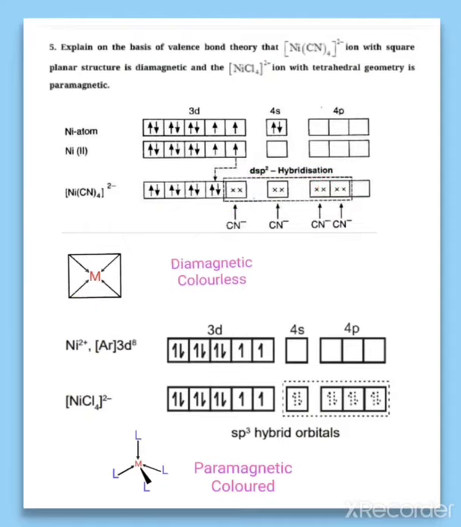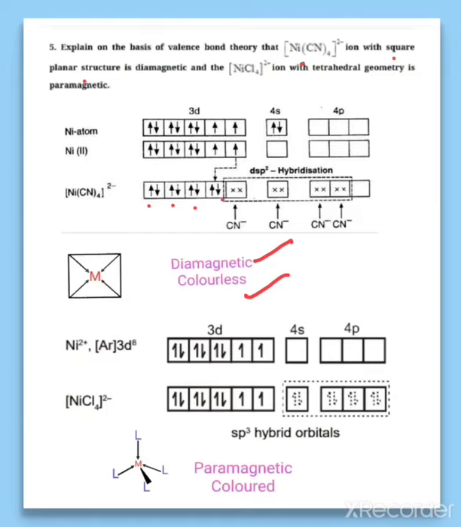So on the basis of hybridization we have explained that [Ni(CN)4]2- has square planar geometry, and when you look here, all the electrons are paired, which means it is diamagnetic. And when all electrons are paired we can say that it is colorless.